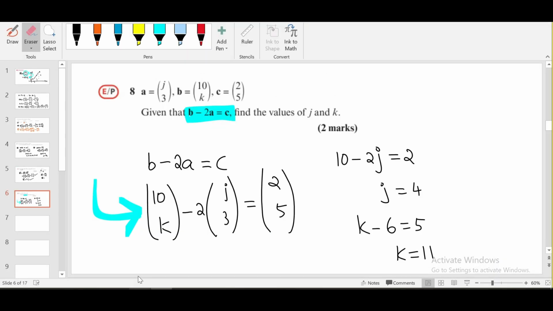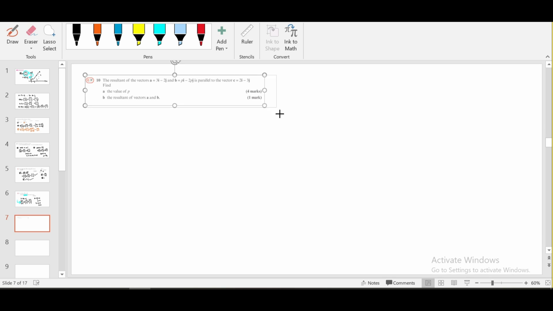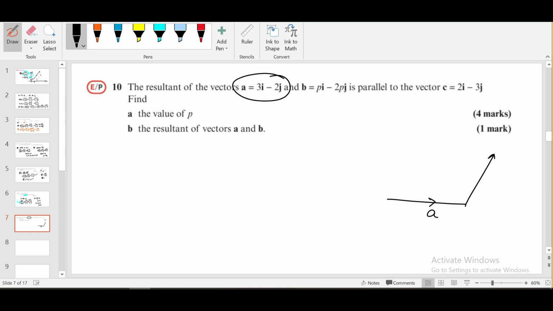One more question. The same exercise. The resultant of the vector is parallel to this vector. Find the value of p. Right? How do you find the resultant vector? Let's say your A is here, and B is this vector.